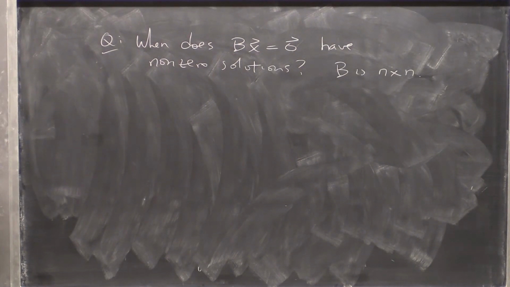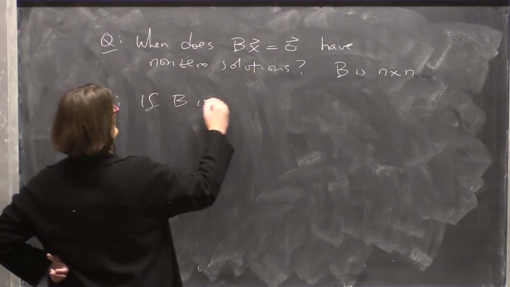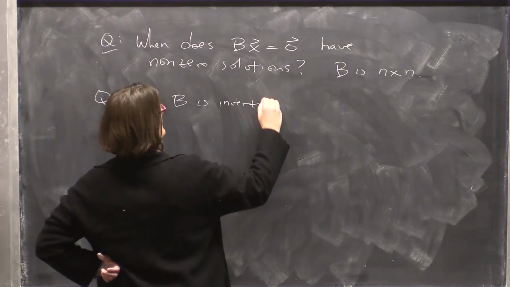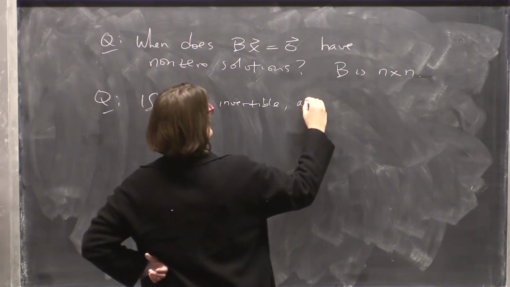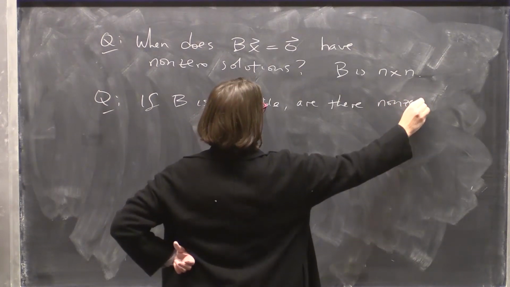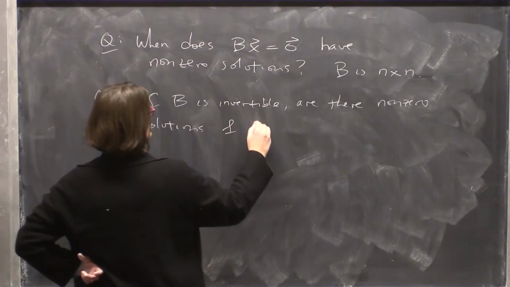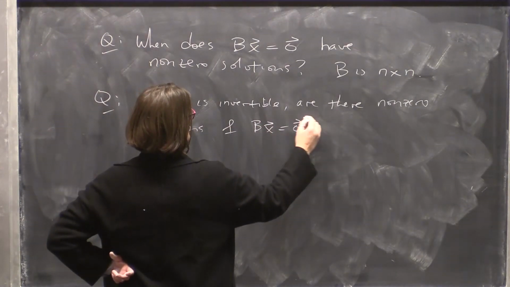If B is invertible, are there non-zero solutions of Bx equals 0?